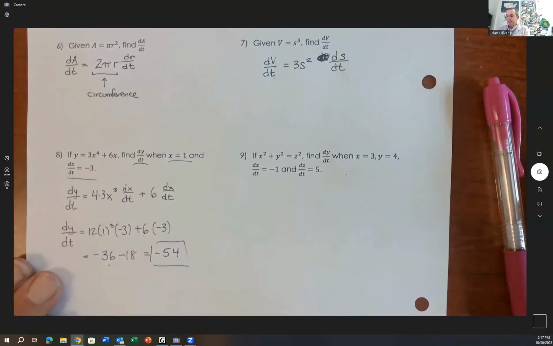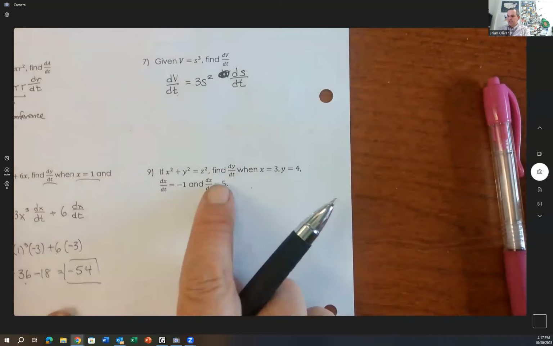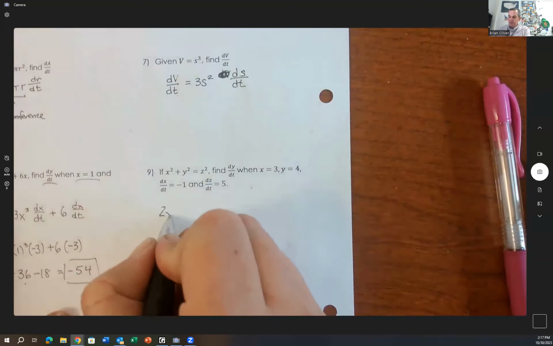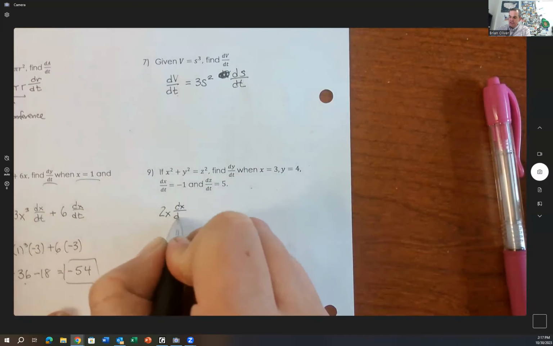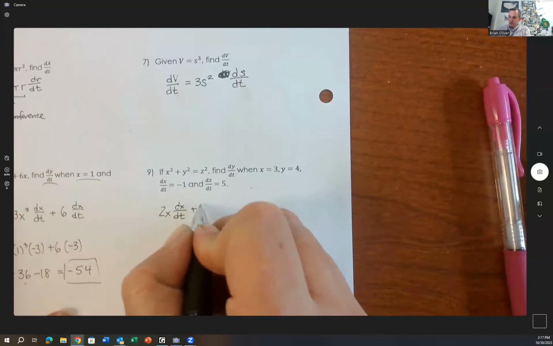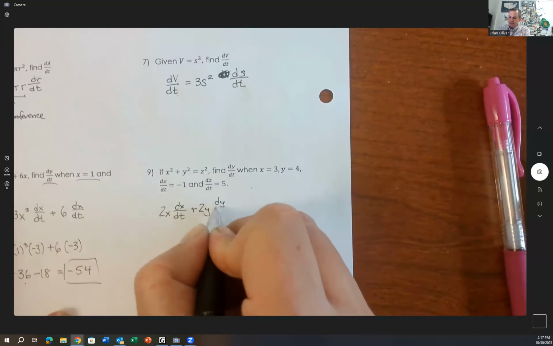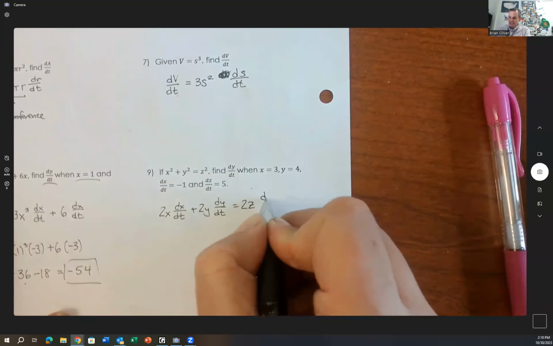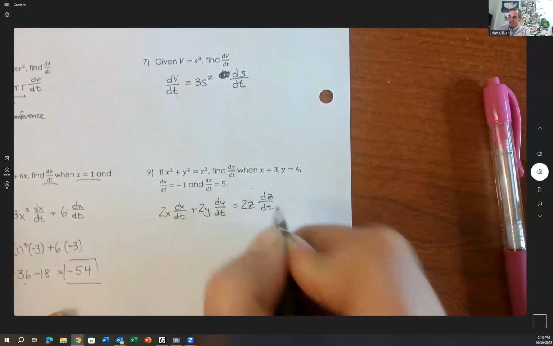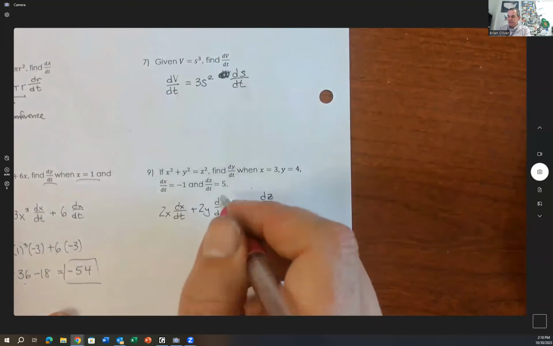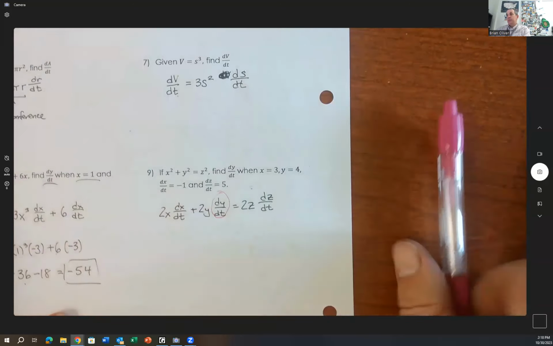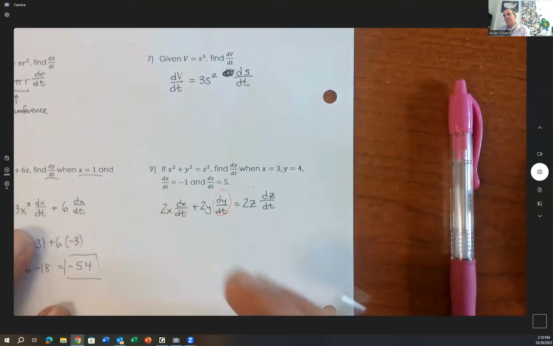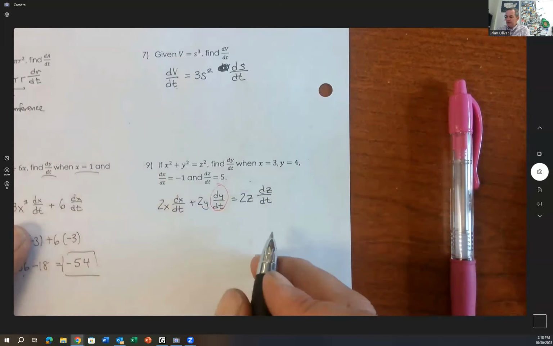Okay. Last but not least, we're taking everything with respect to t. The first piece is going to be 2x dx/dt plus 2y dy/dt equals 2z dz/dt. And it's asking me to find dy/dt, which tells me they're going to give me the answers for everything else, or the ability to find them.